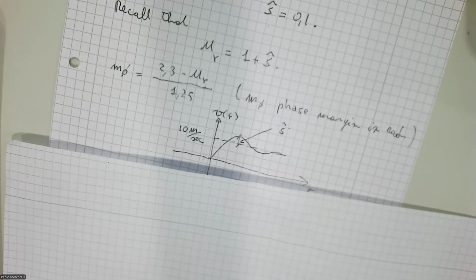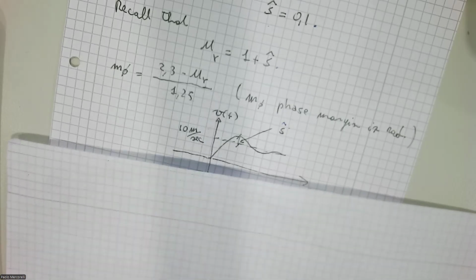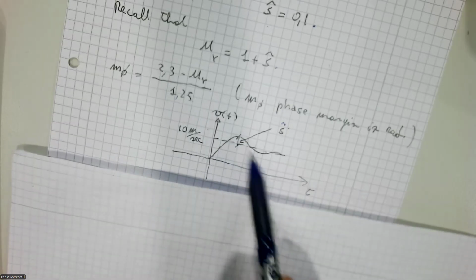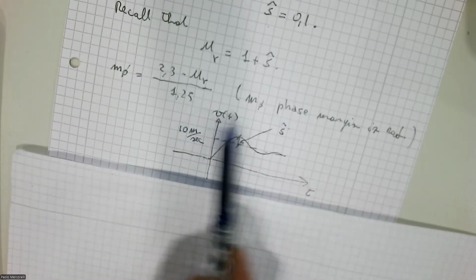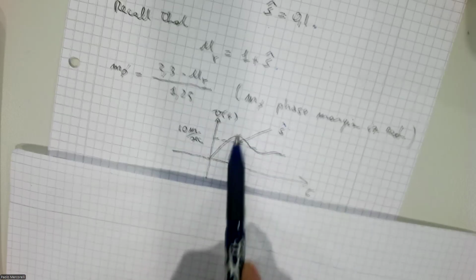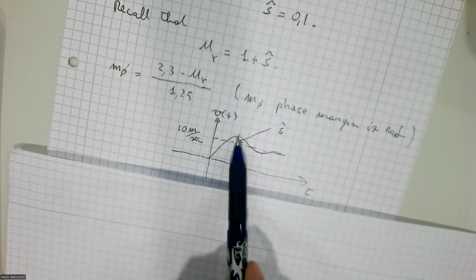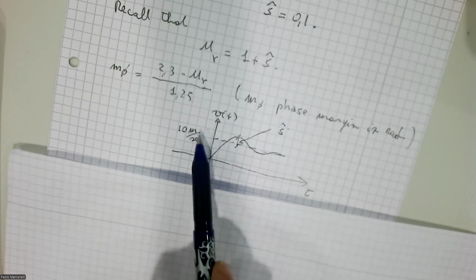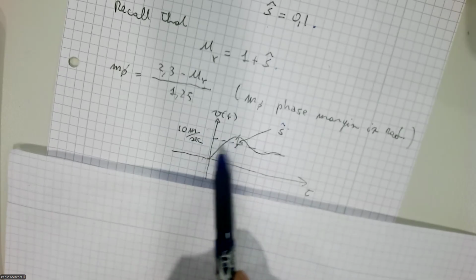It's fixed before the car runs. Now, whether we have 10 or 20 meters per second doesn't matter. This overshoot will be a percentage of my goal. We will see now.